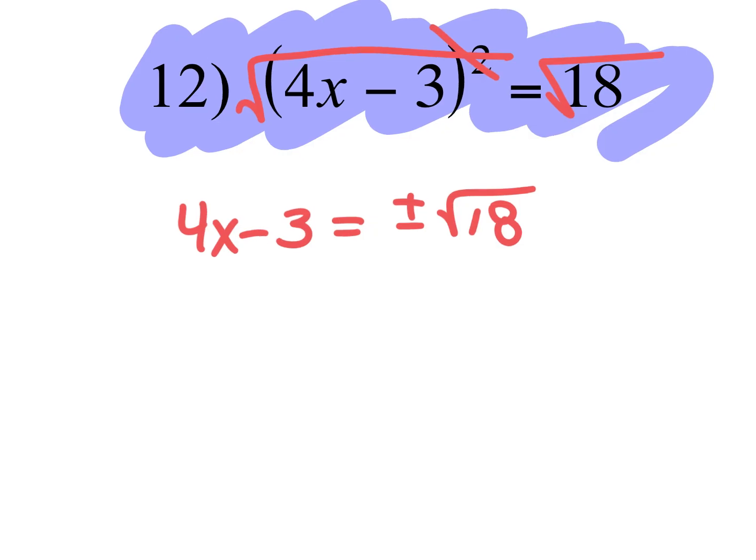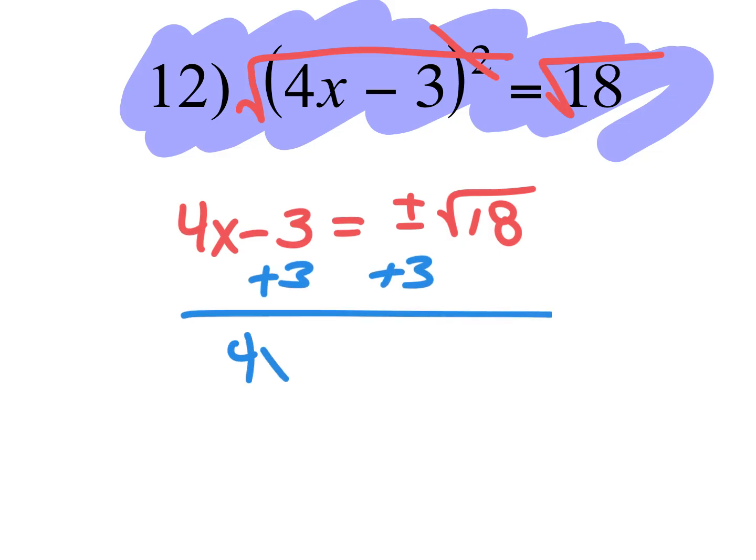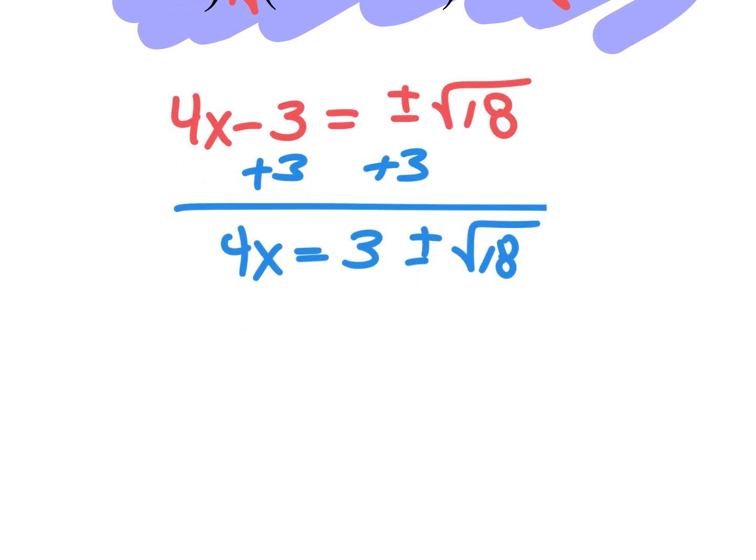What are the 2 things you're going to have to do to get x all by itself? You got to move the 3, so you're going to add 3, and then what? Divide by 4. So there, you just told yourself what to do. We're going to add 3 to both sides. So 4x equals, I like to put the number first, so 3 plus or minus square root of 18. And then do what?